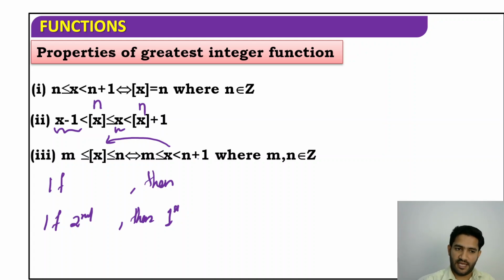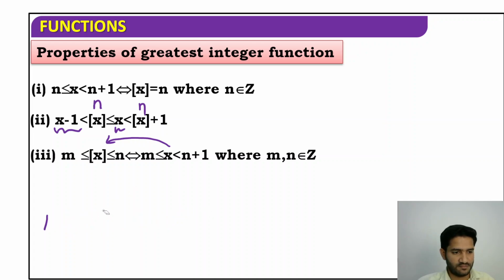If and only if means a double implication: if the first statement is satisfied, then the second one is also satisfied, and if the second is satisfied, then the first one is too. So I think we are discussing the greatest integer function and these are some results.